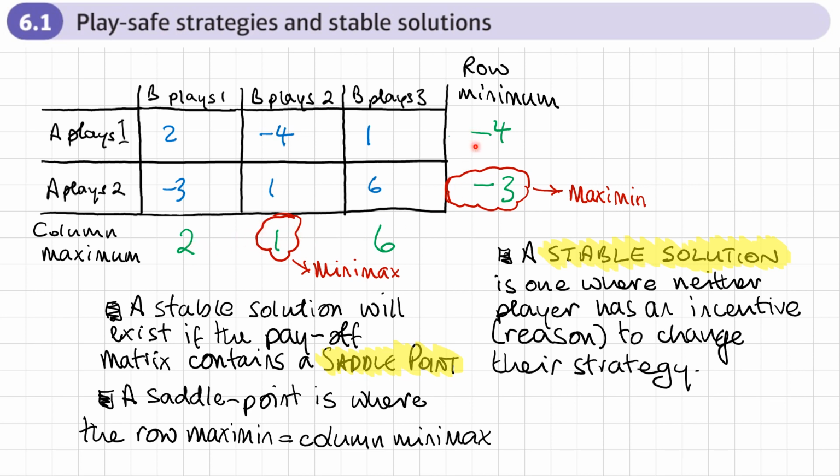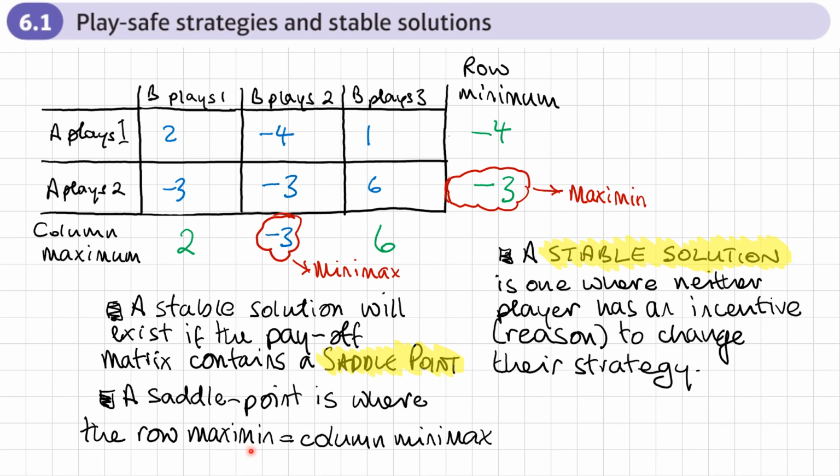Now this one doesn't have a saddle point at present, but I'm going to change the values so it does have a saddle point. So this payoff matrix now has a saddle point, which is this cell. I changed this value. So the minimax is -3 for player B, and the maximin for player A is also -3, and those coincide in that cell.